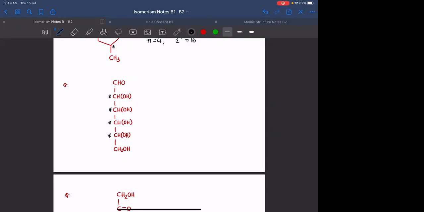No. So number of chiral carbons कितना हुआ? 4 हुआ. Total isomers कितना रहेंगे? 2 power 4 equals to 16. So out of the 16 possible structures, one of the structure is of glucose. बहुत सारे structures possible है इसका, 16 structures possible है. उन सब में से एक structure को glucose कहेंगे.